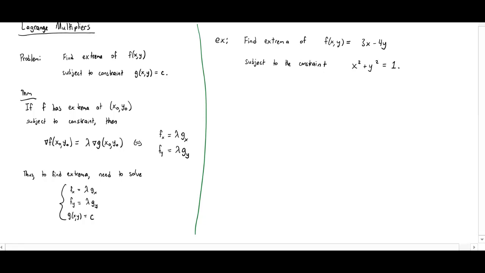This one would be a relatively simple problem to start with, just to illustrate. So we have our function f of x, y. From our constraint, the function g of x, y would be x squared plus y squared.